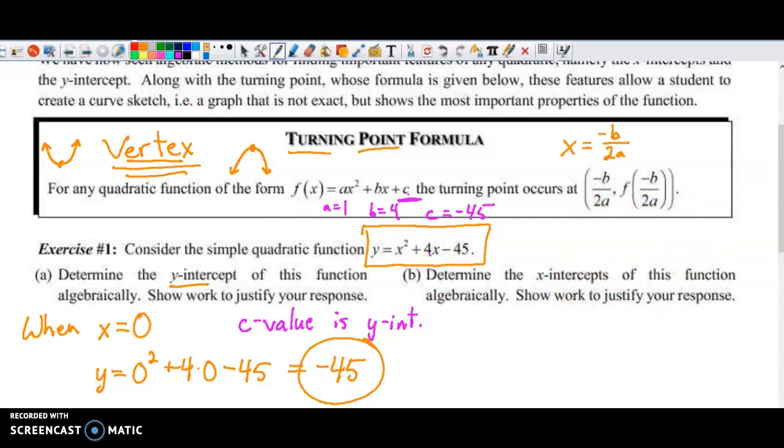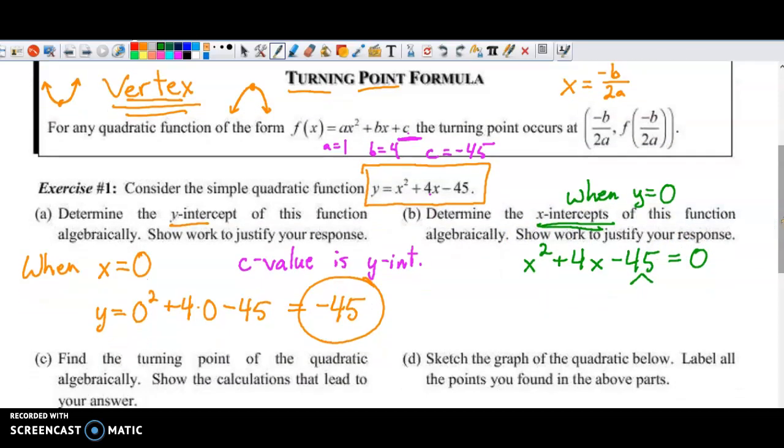As I move on to the next one, similar in the sense that it's the x-intercepts, so it's when y equals 0. This is what we did in the previous section, where we set the quadratic equal to 0. This time I would find factors of negative 45, that would be 9 and 5, that add to be 4.